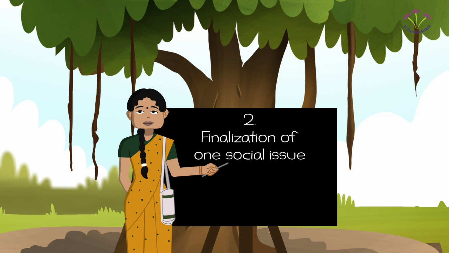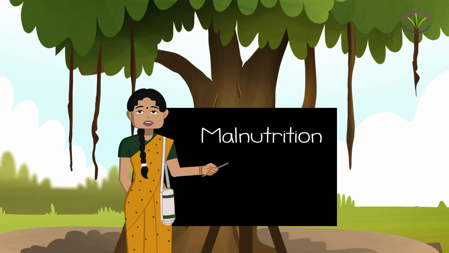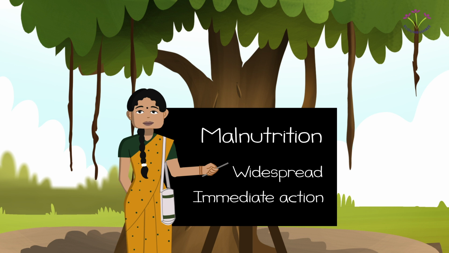The members of the VIVO have finalized malnutrition as the issue because it is widespread and requires immediate action. Please note that if the village has more than one VIVO, then plans from all the VIVOs have to be consolidated into a Panchayat level social development plan.